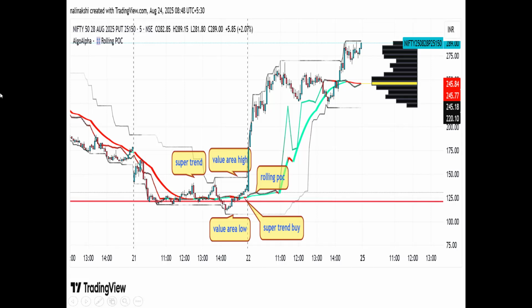In this example, you can see that the previous day the rolling POC value did not show anything. But later, around 2 p.m., the underlying was showing a trend shift. There was no drastic movement here, but the trend line has plotted.